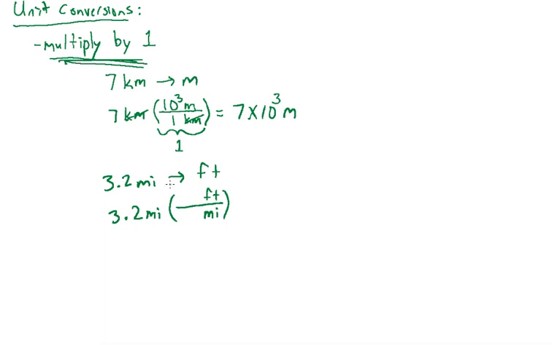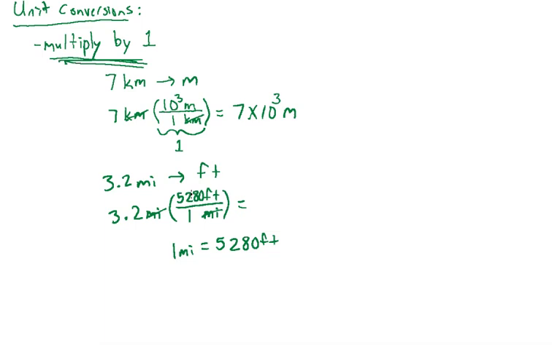And then I need to just make this the number 1. And I need to know that my big trick to this is that 1 mile is equal to 5,280 feet. So 1 mile is the same thing as 5,280 feet. And if I then cancel out my units, my miles will cancel.